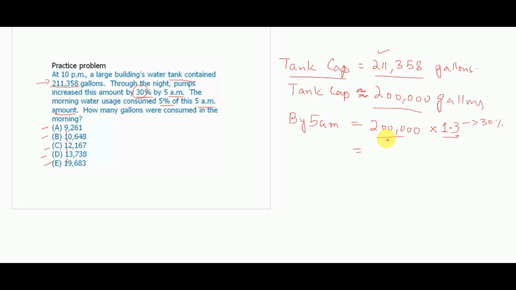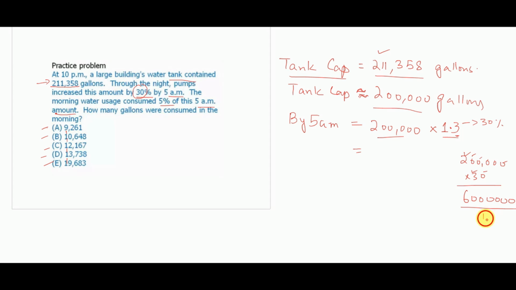So what is 30% of 200,000? If you multiply 200,000 by 30, the non-zero numbers multiply to 3 times 2 is 6, and then we have 1, 2, 3, 4, 5, 6 zeros.